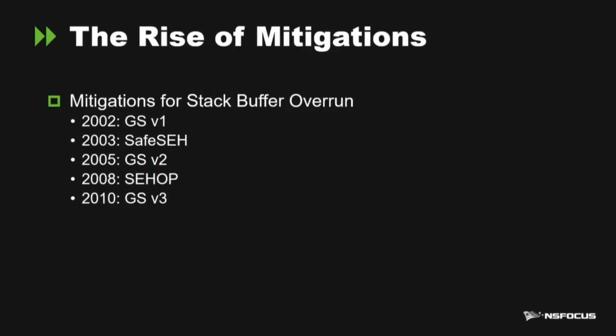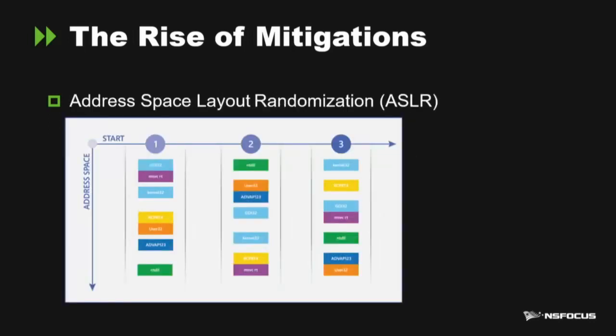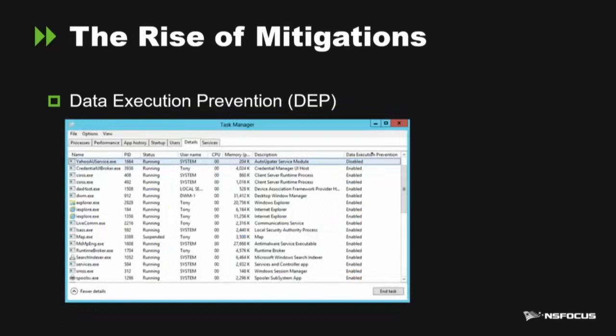Since then, things have changed, and there are mitigations. These are the mitigations for stack buffer overrun and the mitigations for heap buffer overrun. More important, there are general mitigations, that is ASLR and DEP.